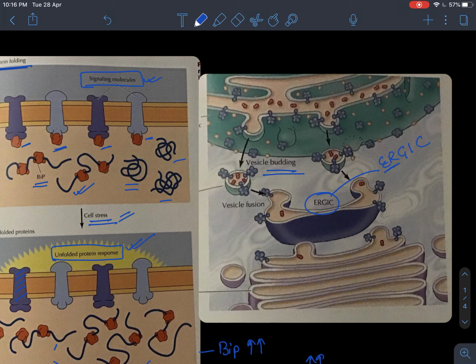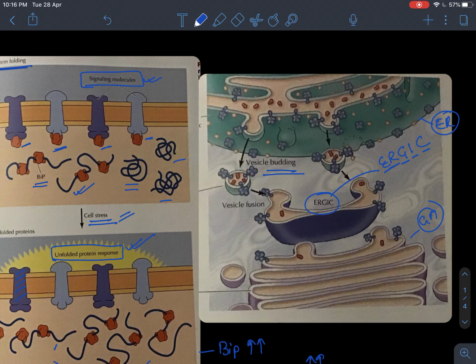The ERGIC is present in between Golgi apparatus and endoplasmic reticulum. So they first enter into the ERGIC, and from this ERGIC all these proteins are carried to the Golgi.